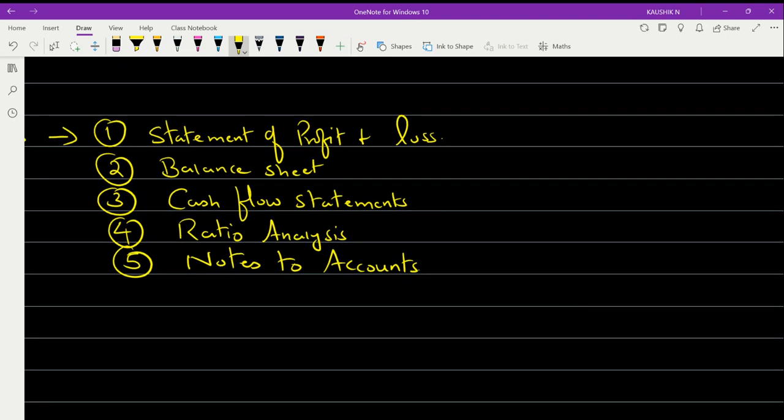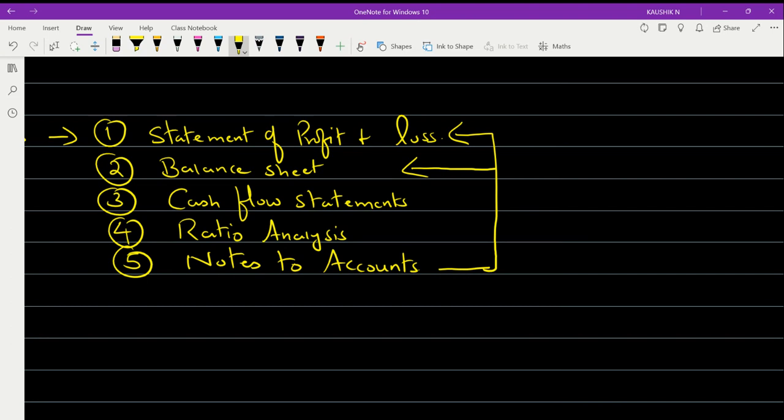Among these five, the notes to account will be common to two particular statements. Notes to account will be found when we prepare the statement of P&L as well as the balance sheet. Now, what is notes to account?